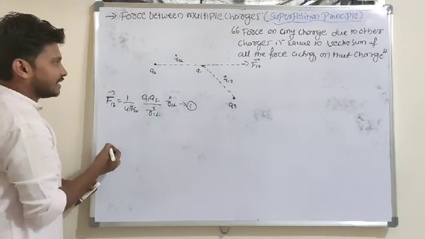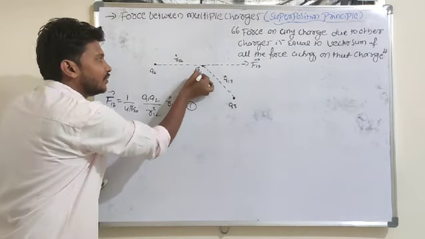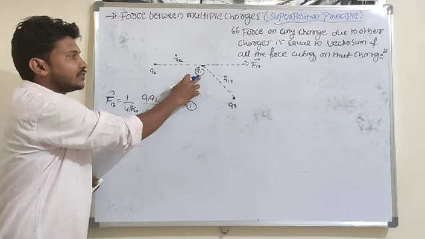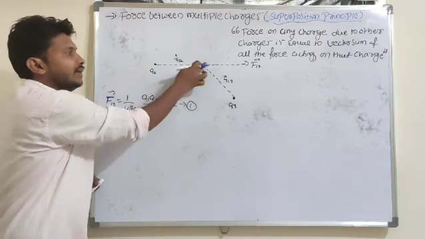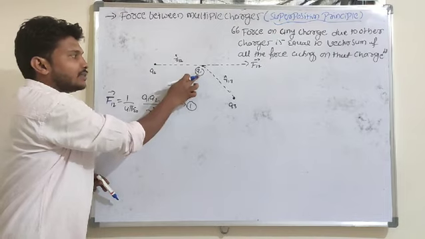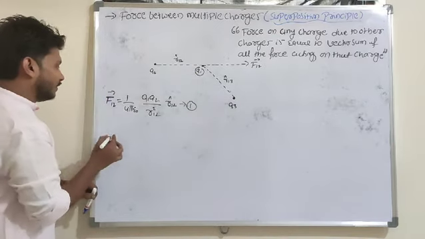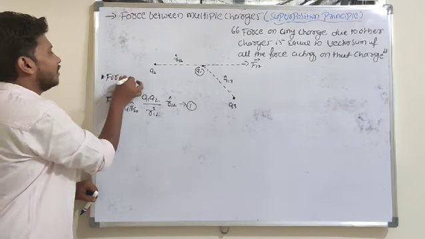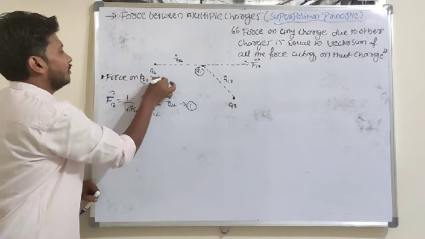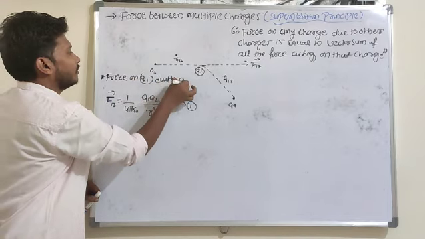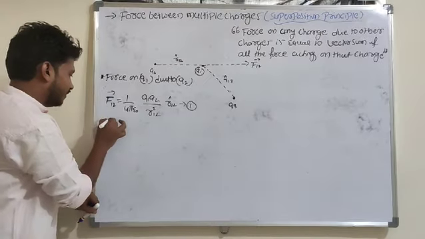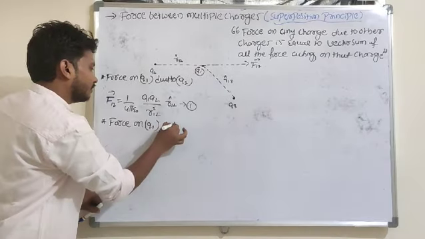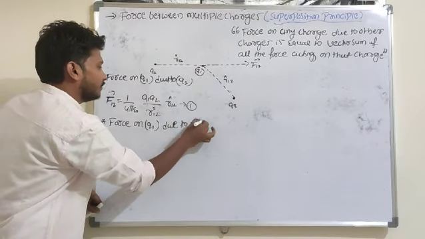In the second case, I will write the force on charge q1 due to charge q3. In the first case, the force experienced by charge q1 is due to charge q2. In the second case, the force experienced by charge q1 is due to charge q3.